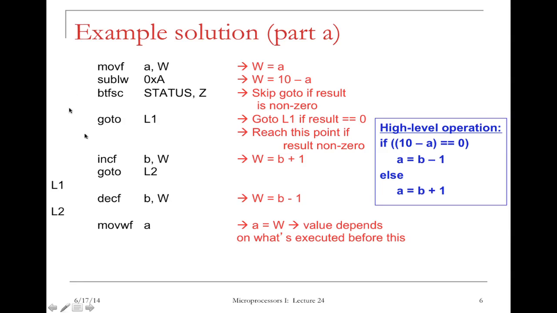If we skip, we're going to do some case. Otherwise, we're going to execute this go-to and do the other case. This is how you do the if-then-else in the PIC microcontroller.